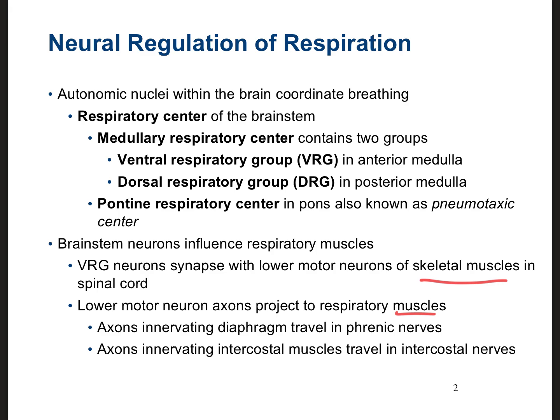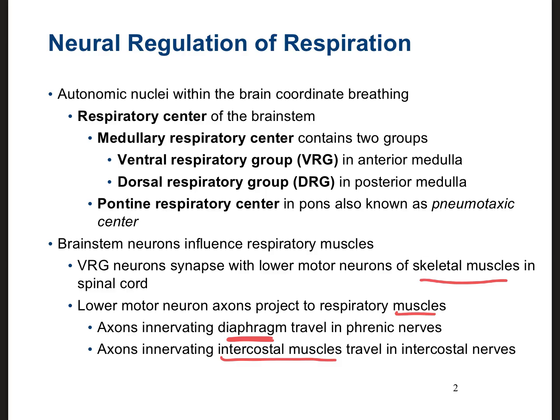That contraction of the diaphragm will lead to the opening of the lungs, increased volume, and air comes in. Okay? So, the ventral respiratory group synapses with the lower motor neurons of the skeletal muscles in the spinal cord. Those neurons then project to the respiratory muscles. So, we just go from one to another, eventually innervating the diaphragm and the intercostal muscles.